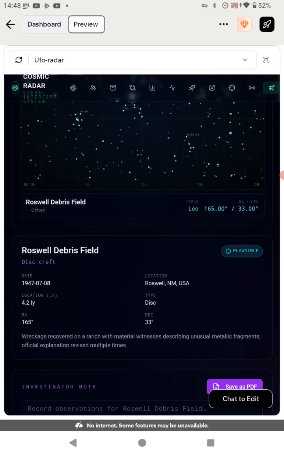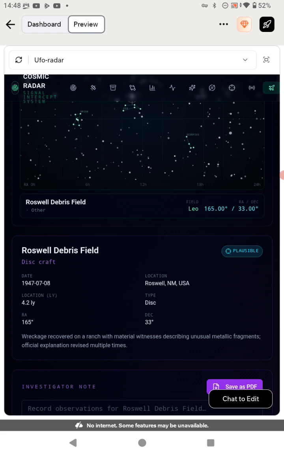Now, Roswell Debris Field, Leo 165.00 over 33.00. Now, Roswell Debris Field, disk craft. Okay, so a disk craft probably means that's a UFO spaceship.